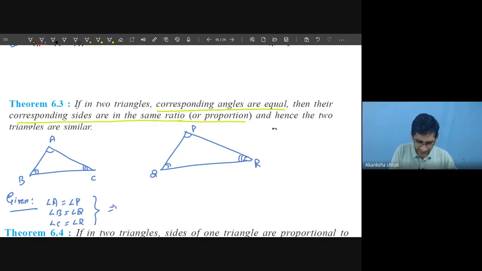Then this simply means their sides are proportional. AB will have the same factor of multiplication or division for PQ as BC for QR as AC for PR. That's why it is written in the ratio form.